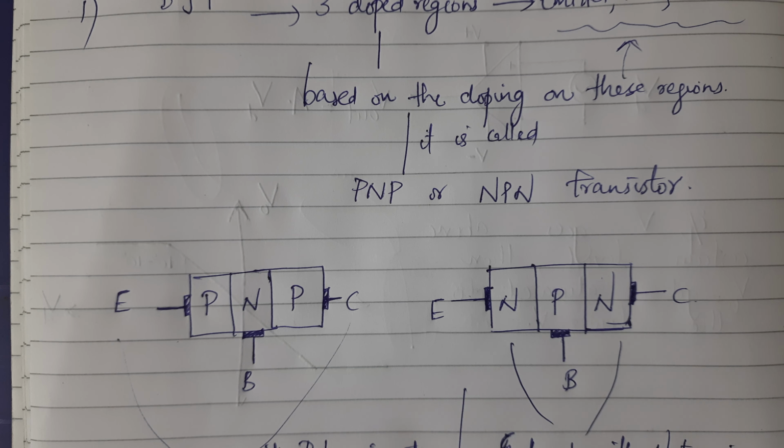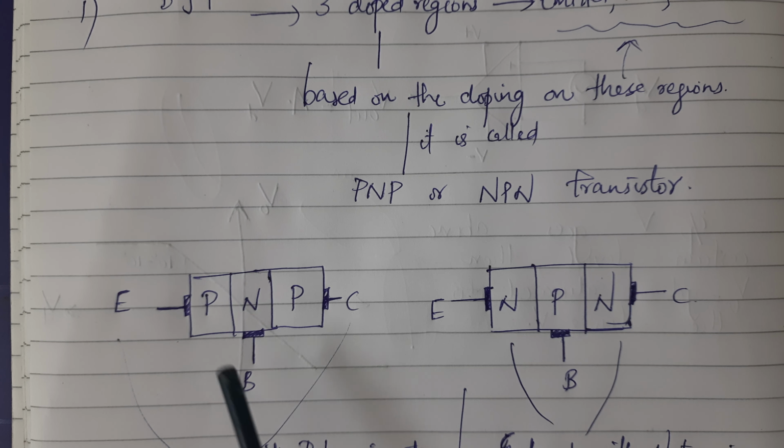I have drawn the base a little bit large, but this is not the real figure. Generally the base will be very thin or narrow and lightly doped, and the collector will be moderately doped. The collector will be the largest of the three regions, because, as the name suggests, its function is to collect the electrons.